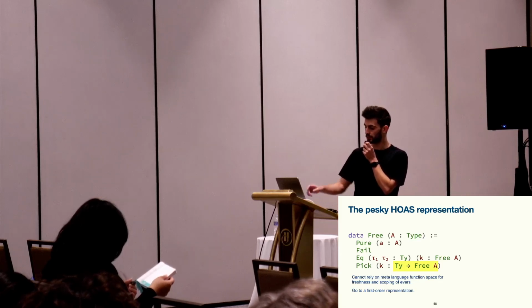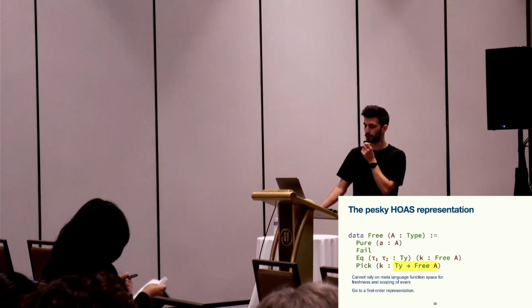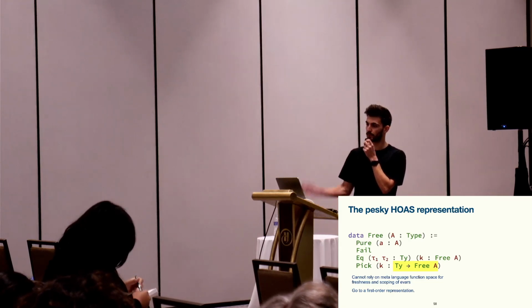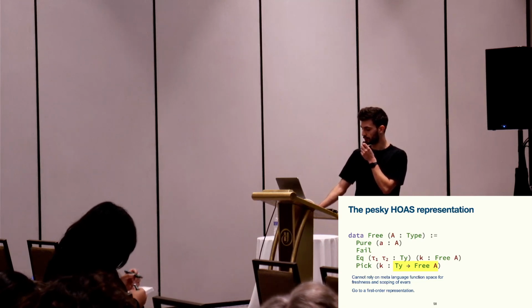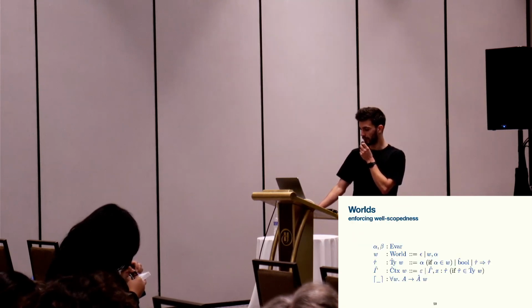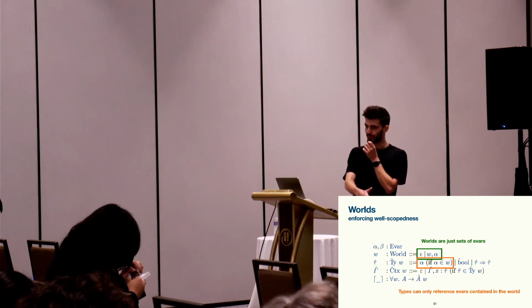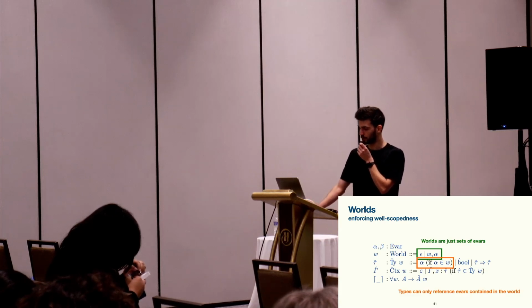Here in this definition, for the constructor of pick, I'm using higher order abstract syntax to hide away the binding of an existential variable. And so the rest of the paper, the part that I swept under the rug, is making this actually explicit and tracking it, because it's quite important to the proof correctness. You want the scoping to be correct.